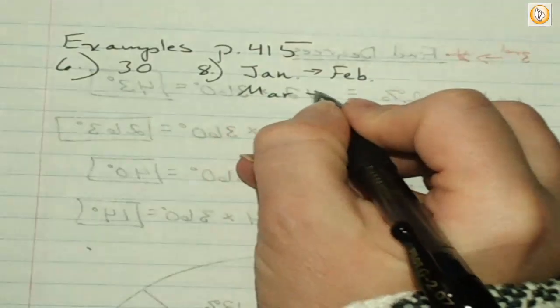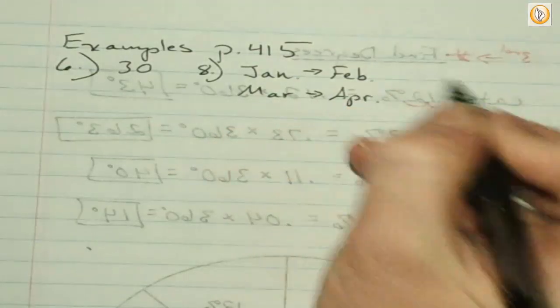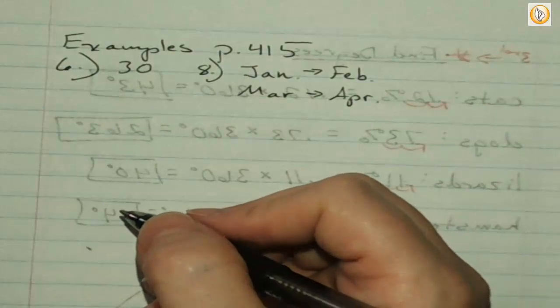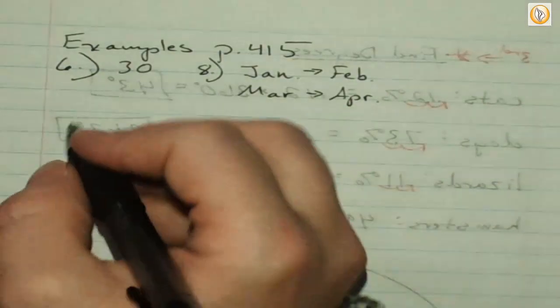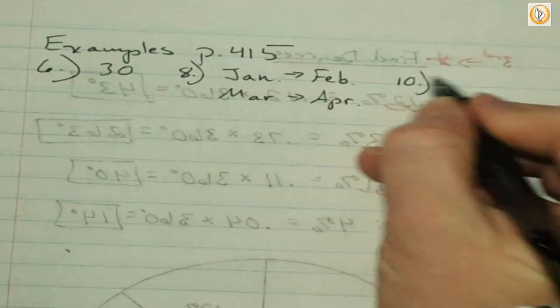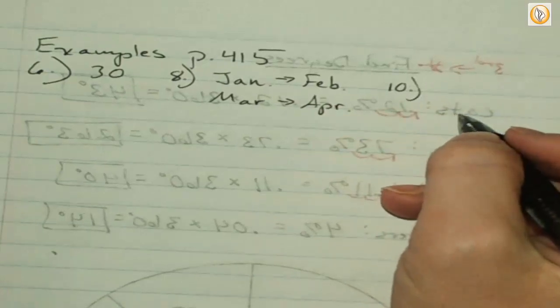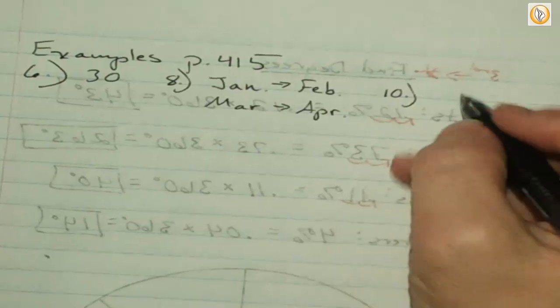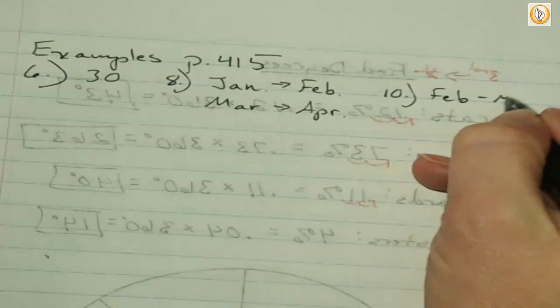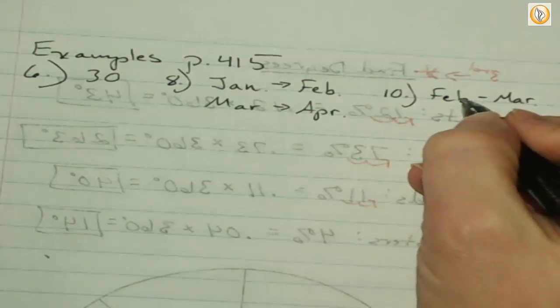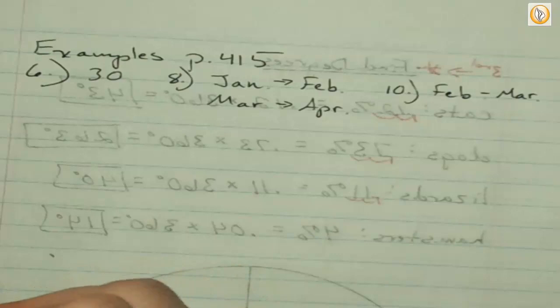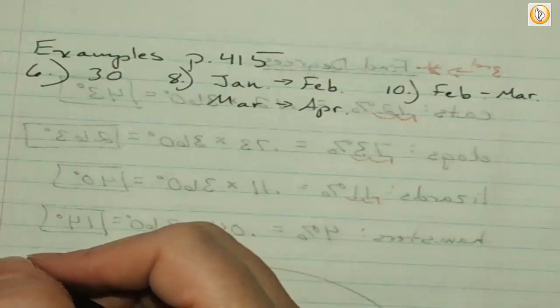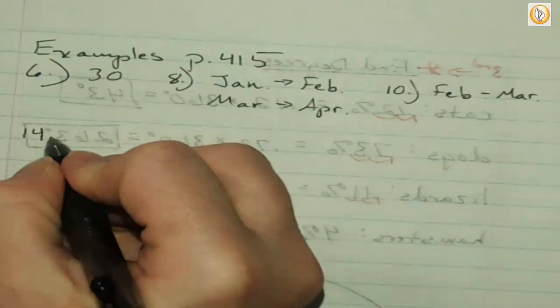Perfect. Do you know how many kids get that wrong every year? Very good. All right, Kelly, number 10. Between what months did the number of books checked out increase the most? Between February and March. Very good. It says increase the most. Okay. Now I want y'all to look at 14.